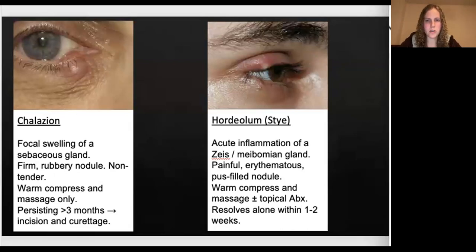Yeah, and usually it's also just a warm compress for this. If the chalazion got bad, you could also do incision and drainage if it's needed.